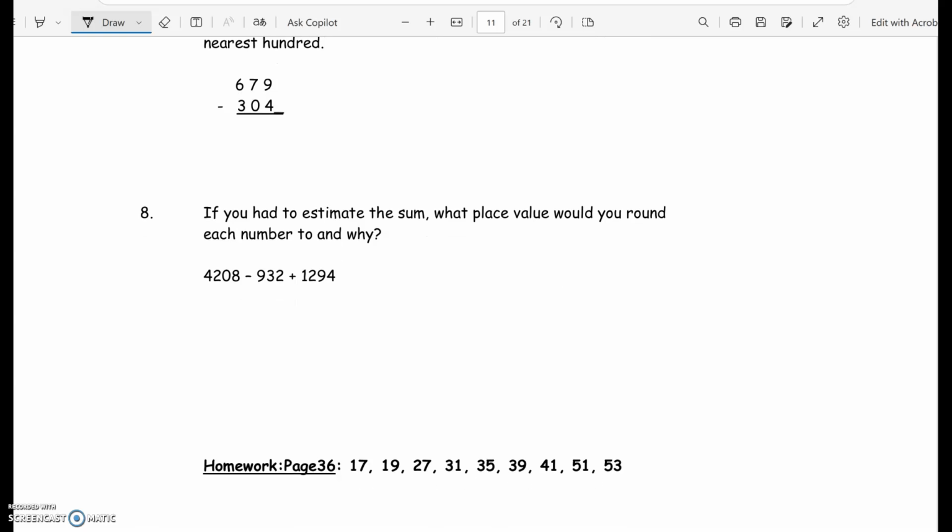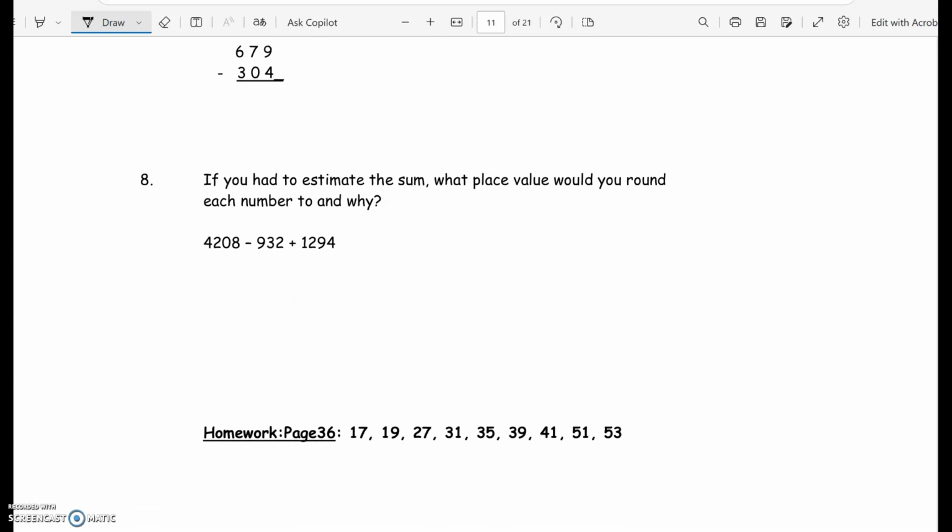Now let's do the last one. When we have to do subtraction and addition, then what we do is go from left to right.